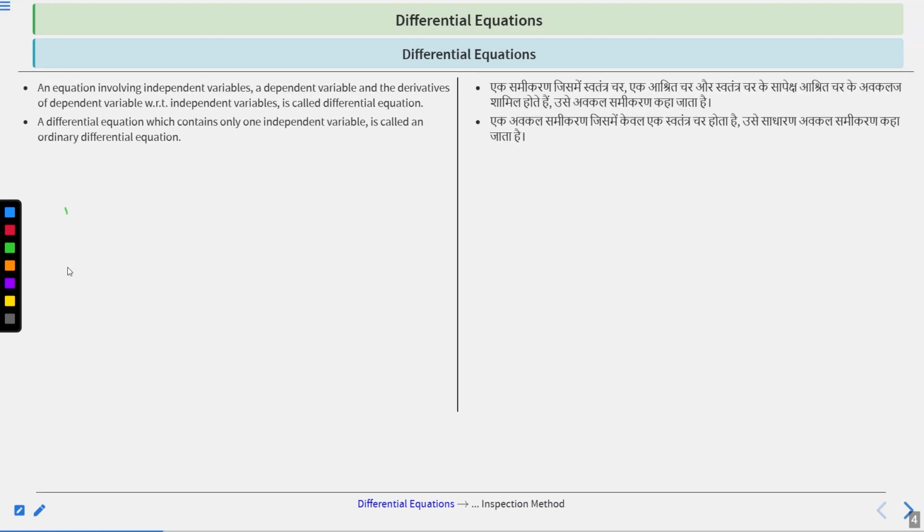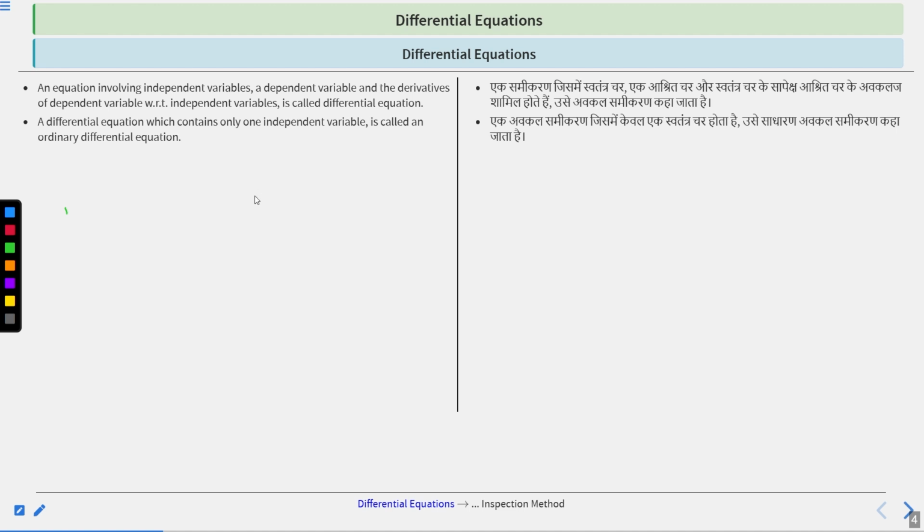So let's first start. What is a differential equation? An equation involving independent variables, a dependent variable, and the derivatives of the dependent variable with respect to the independent variables is called a differential equation.